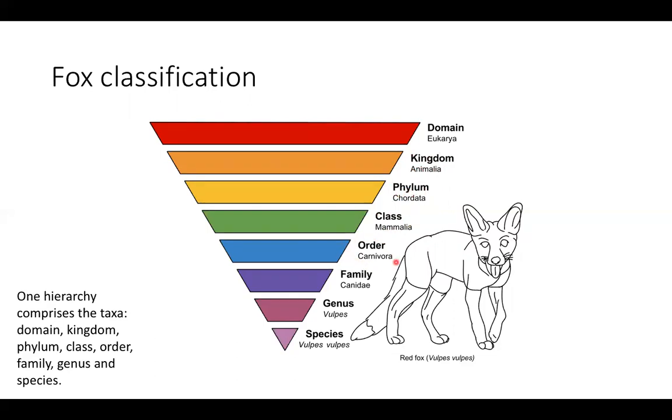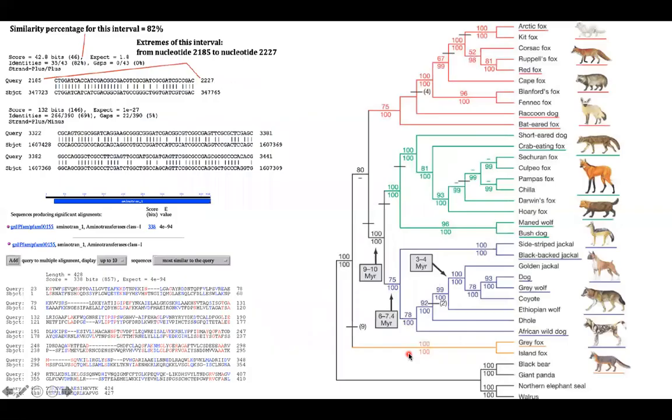So it's a carnivorous animal. Within that, it finds itself in the Canidae family, which is going to be the family of dog-like animals. Then Vulpes is the genus, and then species, genus, species, Vulpes vulpes. Okay, so this is the common hierarchy of taxa that we use, and you obviously need to know the order of these.